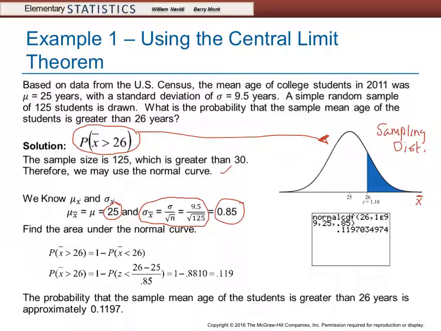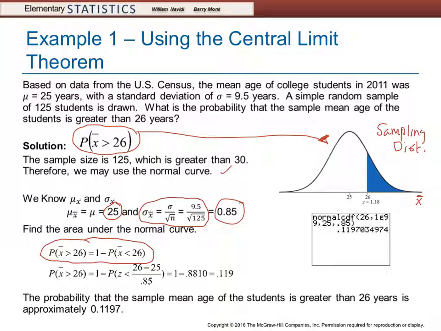So again, we use our probability statement if we're doing this by hand, and since our table only looks at areas to the left of x bar, we will have to use the complement, which is 1 minus the probability that x bar is less than 26.